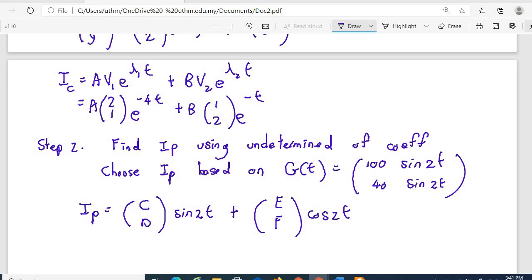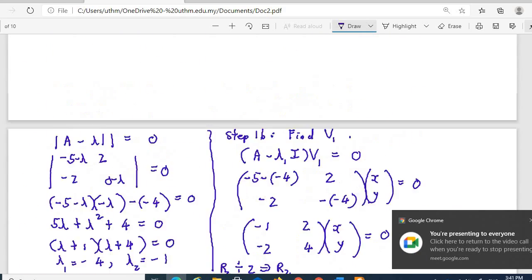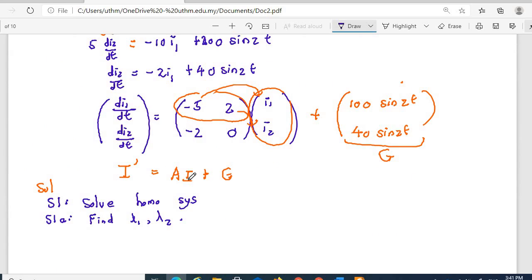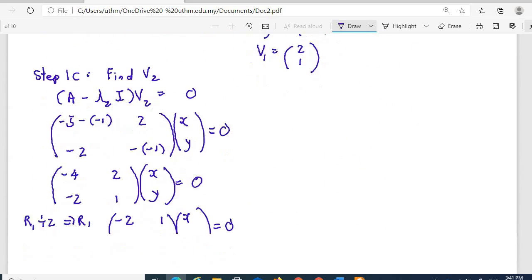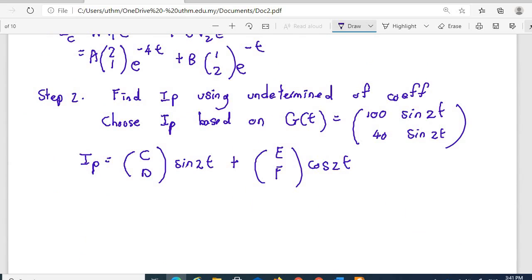If not a clash, then you can straight away differentiate one time only, because your system is I prime equal to AI plus G, where the I is replaced by IP. So you want I prime, so you have to differentiate your IP to get I prime. In this case, you just differentiate one time, but in a second order non-homogeneous equation, you need to differentiate two times. So IP prime, differentiate sin 2t, where C, D, E, F are constants.